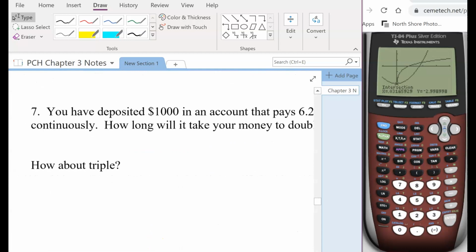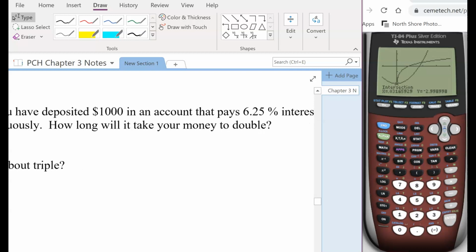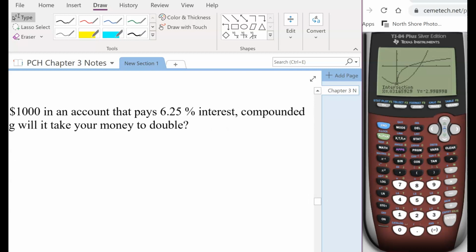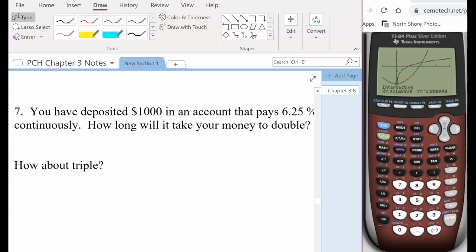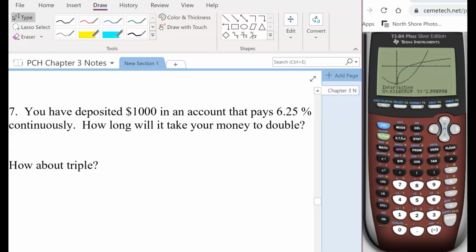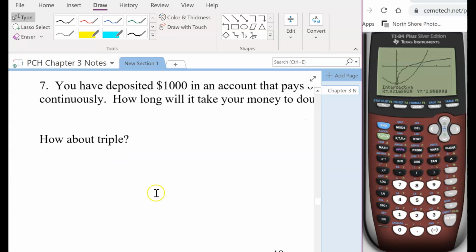to number 7. You have deposited $1,000 in an account that pays 6.25% interest, compounded continuously. So we know that's going to be our A is equal to P times E raised to the RT. How long will it take your money to double, and how long will it take to triple?